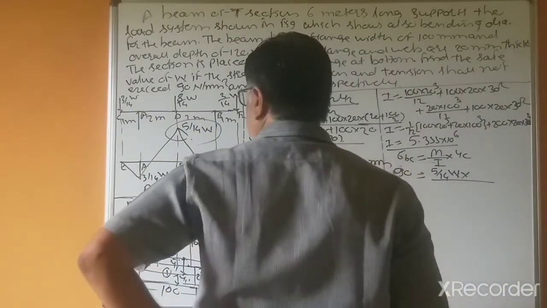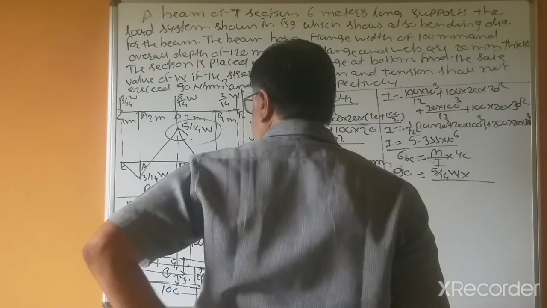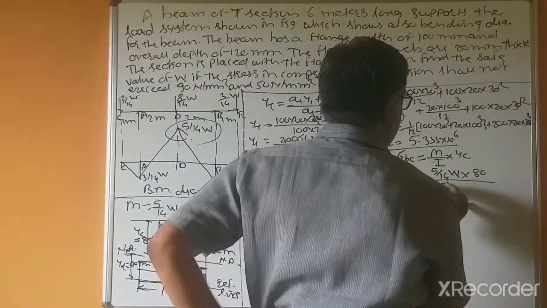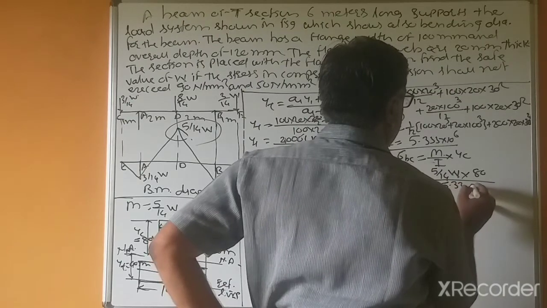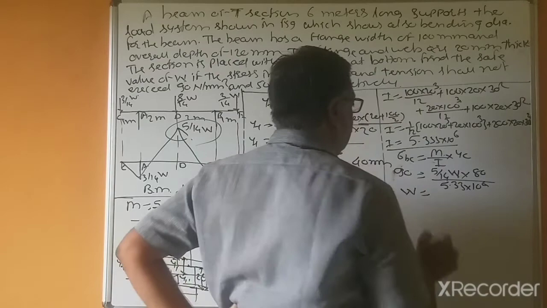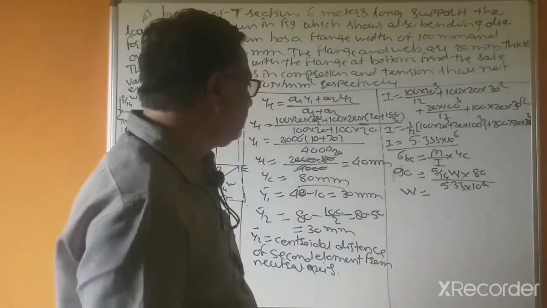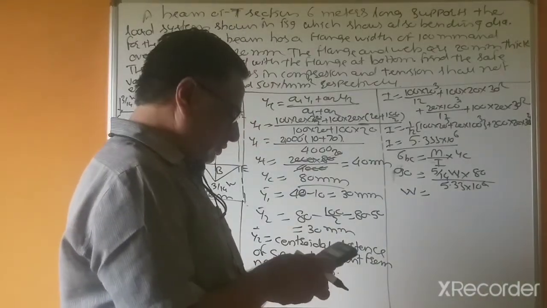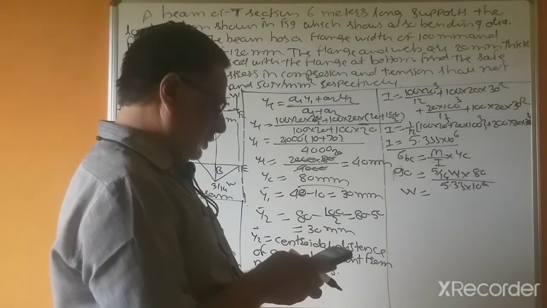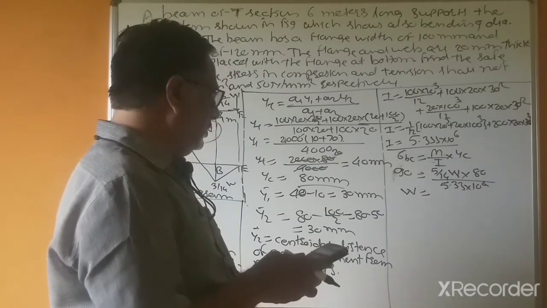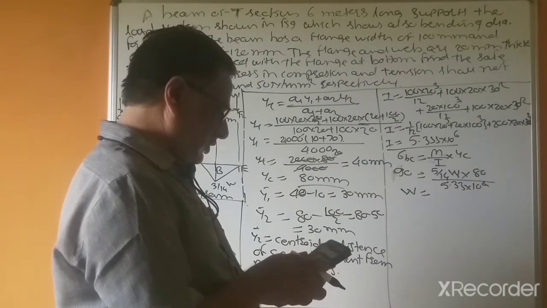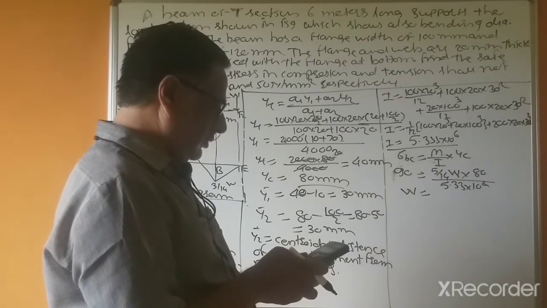YC equal to 80 mm, moment of inertia 5.33 into 10 to the power 6. W equal to what? 90 multiplied by 14 divided by 5 divided by 80.